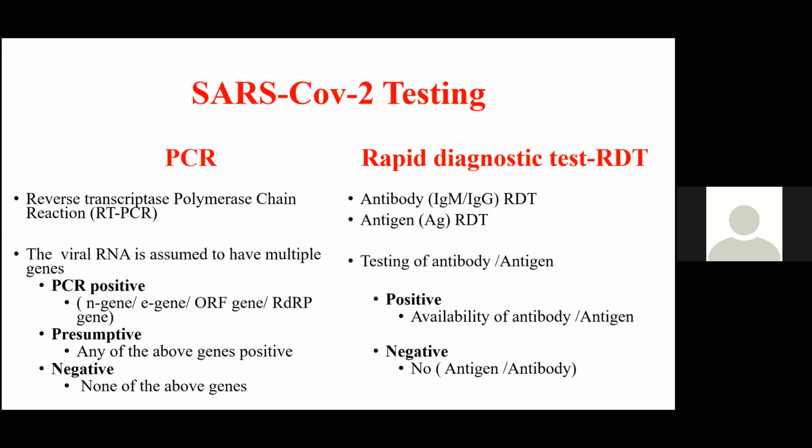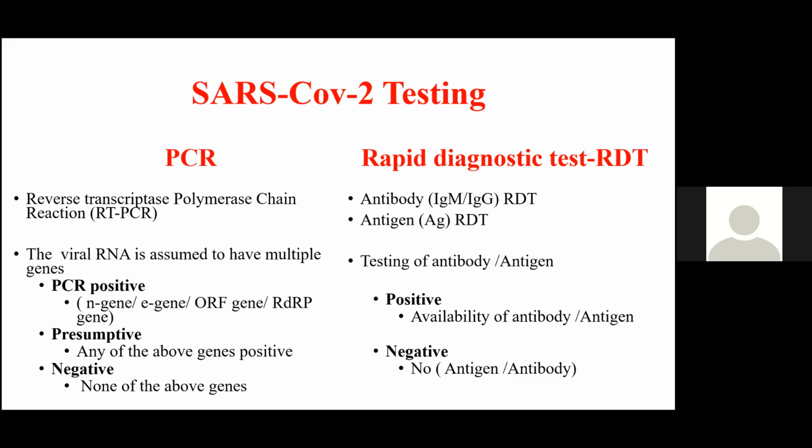But if any of those 4 genes is absent, the result will be presumptive. According to our guideline, if the result is presumptive, you have to wait 72 hours to repeat the test. At that time, the test may be positive, negative, or still presumptive. The test is negative when none of those genes are present.